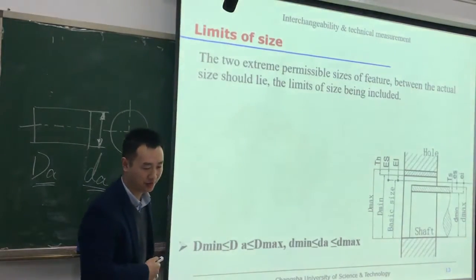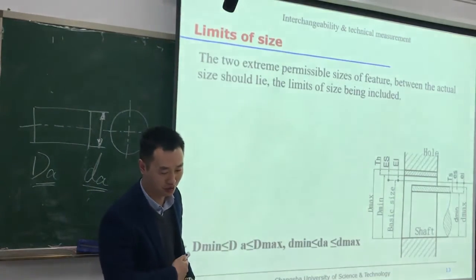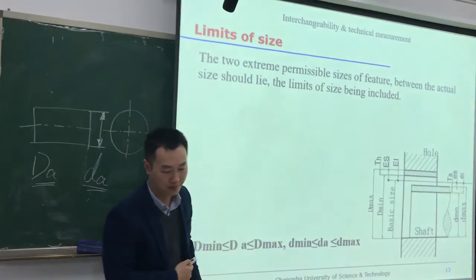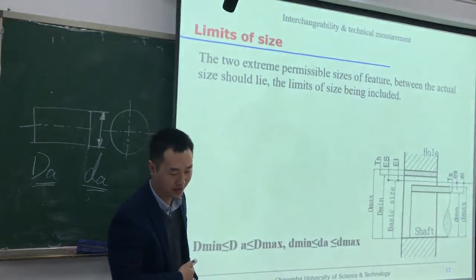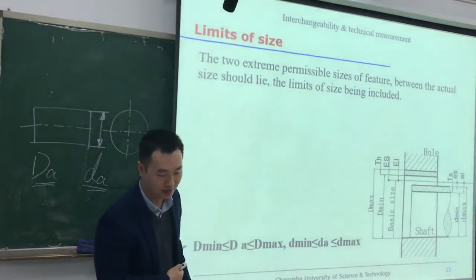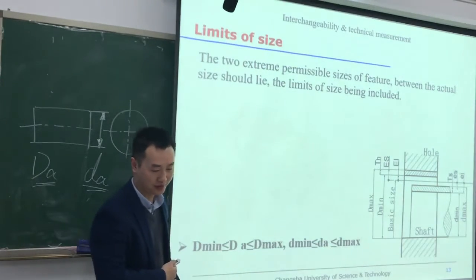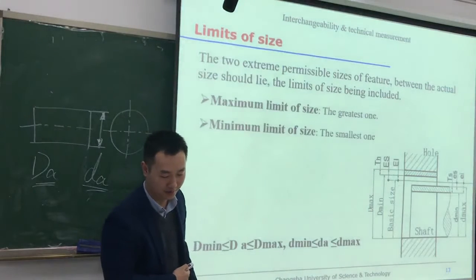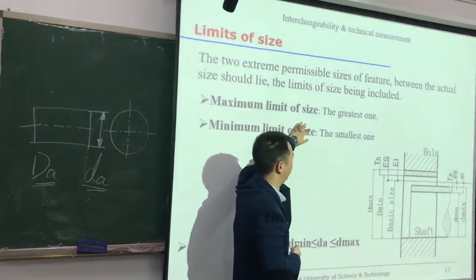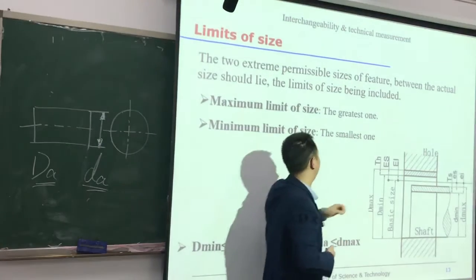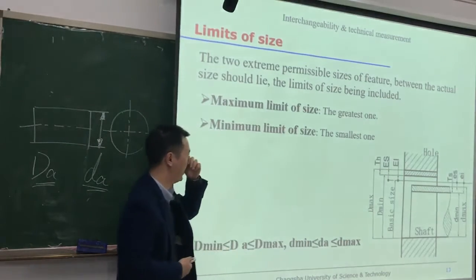The limits of size are the two extreme permissible sizes between which the actual size should lie, the limits being included. So we have the maximum limit of size and the minimum limit of size.